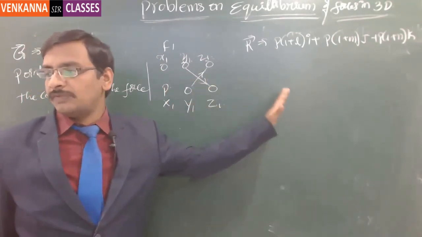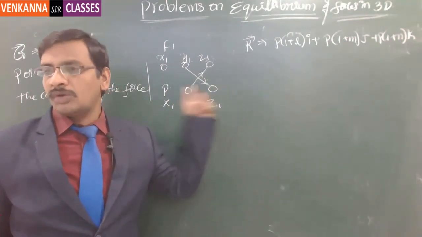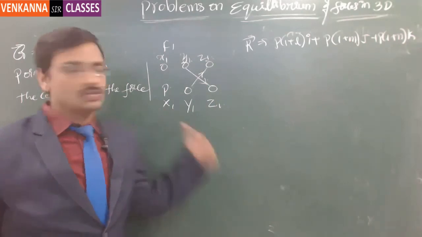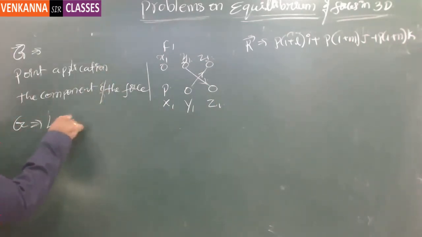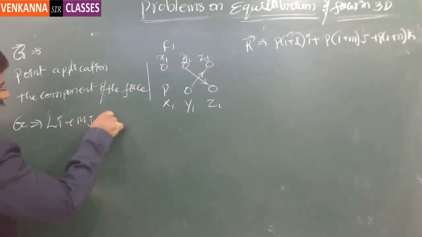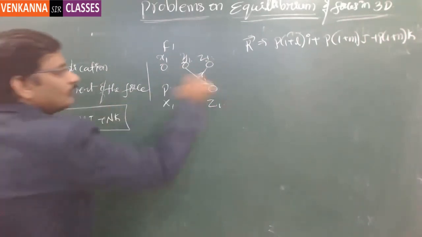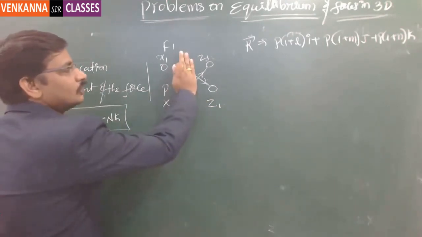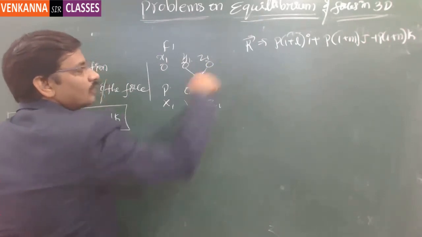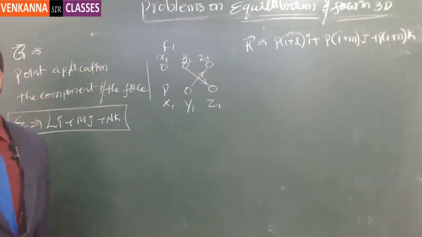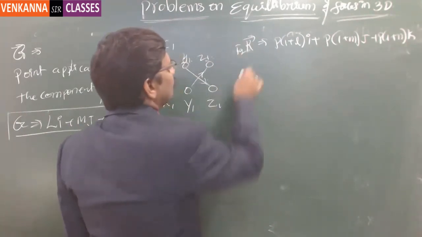Similarly for F2, F3, F4. If you add all of them together, you are going to get the value of L. So G is equal to L i plus Mj plus Nk. For that, the L value you can find out like this, then exclude this column, and find AD minus BC again. Got it?